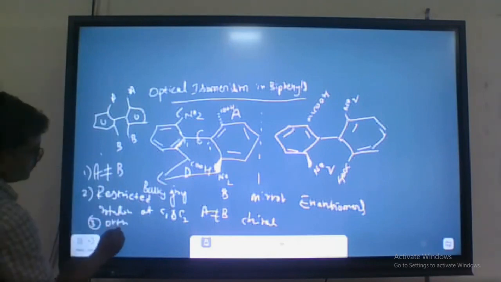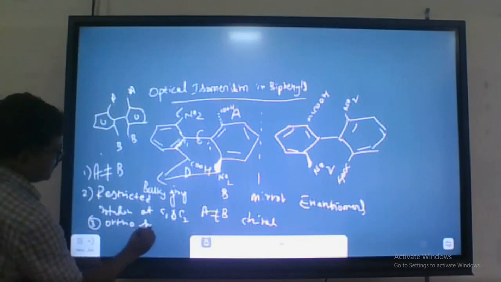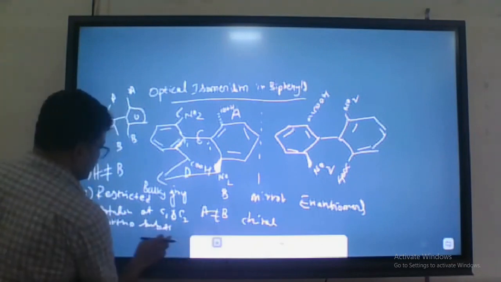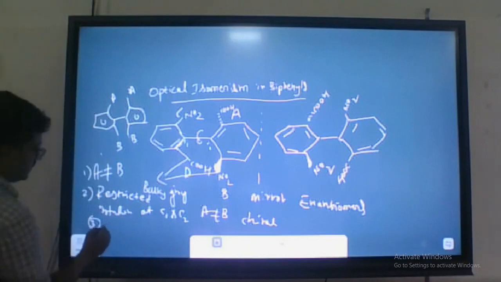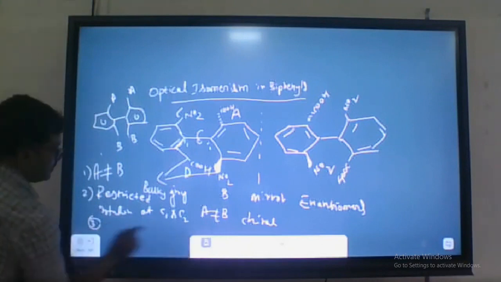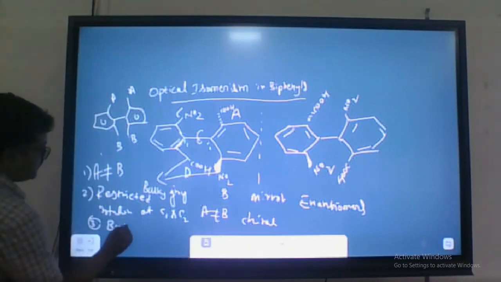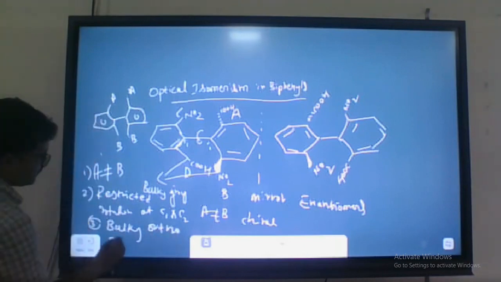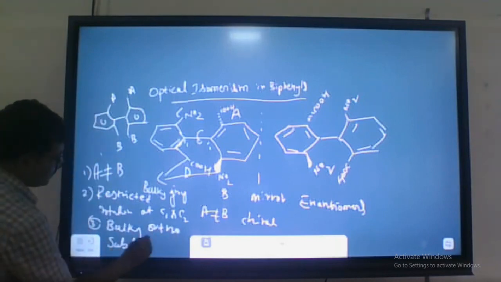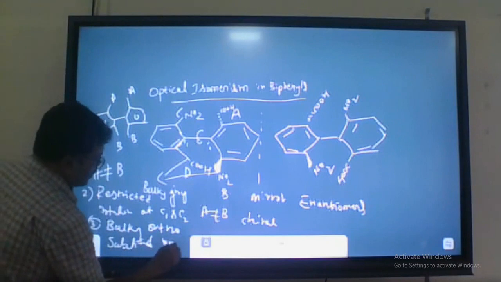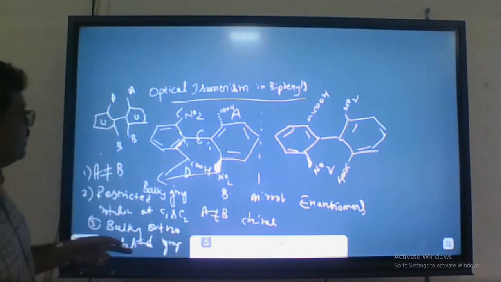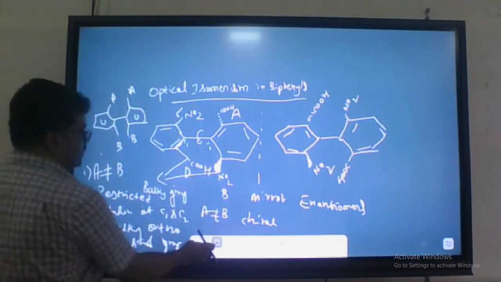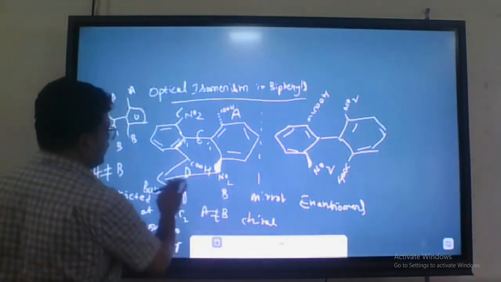Next, bulky ortho substituted groups. One more point: not all need to be in the ortho position.